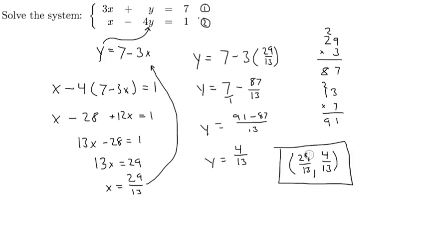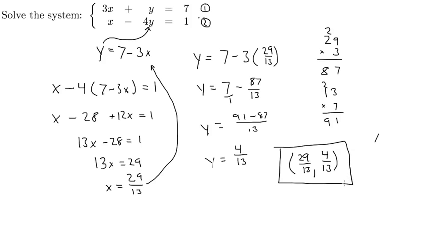So just because we've got an unfortunate looking rational solution here, it's still perfectly acceptable. It's still perfectly fine. We do have to do a little bit of extra thinking, a little bit of extra work here, but nothing out of the ordinary. It's fairly routine calculations. So do be careful. Do pay attention to what you're doing here, but don't freak out when you get rational answers like this.